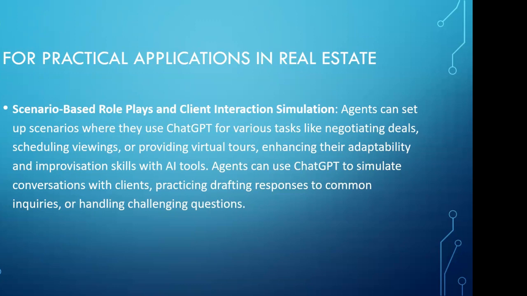The ones I'm going to demonstrate today are going to be pretty high level, but we learned last time how we can give ChatGPT information about a listing, for example. So you could start by giving it the information about a listing, and then you could run one of these role play scenarios or client interaction simulations.